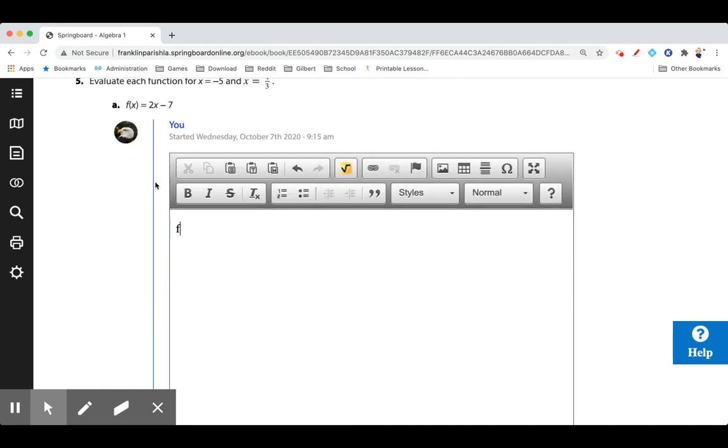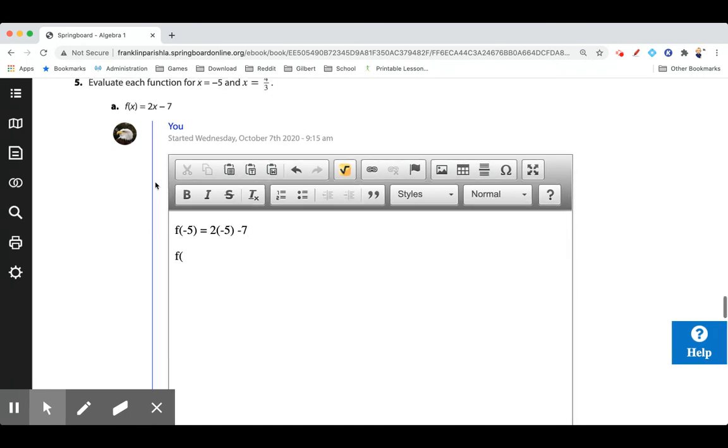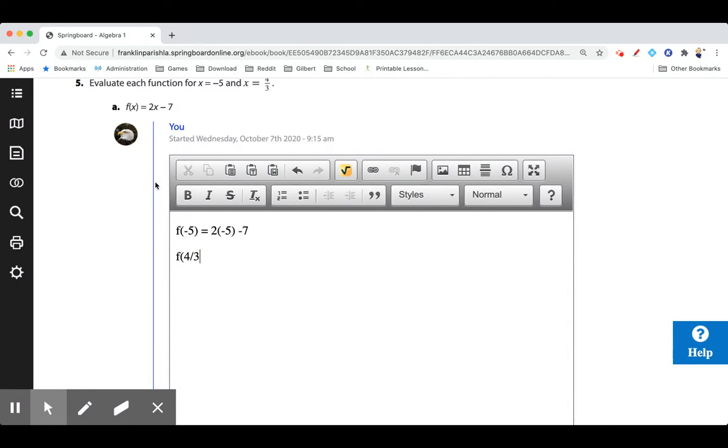So we would find what f of negative 5 is when it equals 2 times negative 5, we replace x, minus 7. We're going to see what f of 4/3 is when we replace the x with 4/3, minus 7.